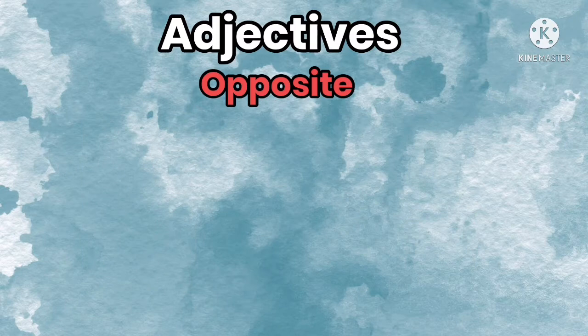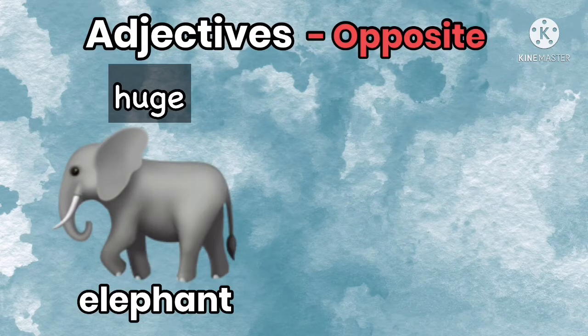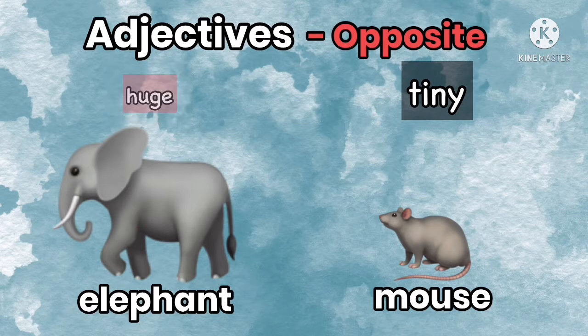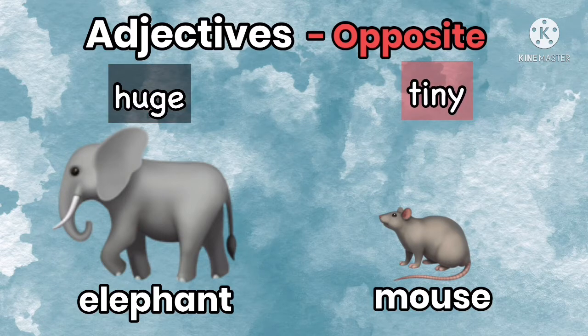Example, a huge elephant. Now, the opposite of huge is tiny. The mouse is a tiny animal. So, children, the elephant is huge. And the opposite of the elephant is a mouse, which is tiny. So, the opposite of huge is tiny.